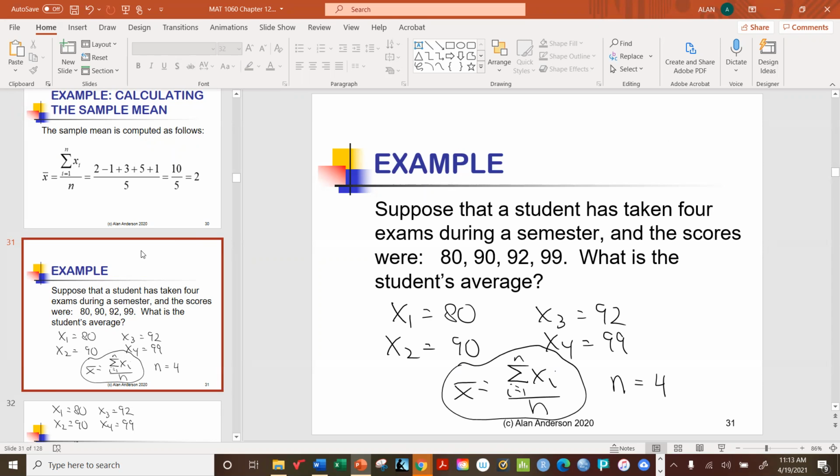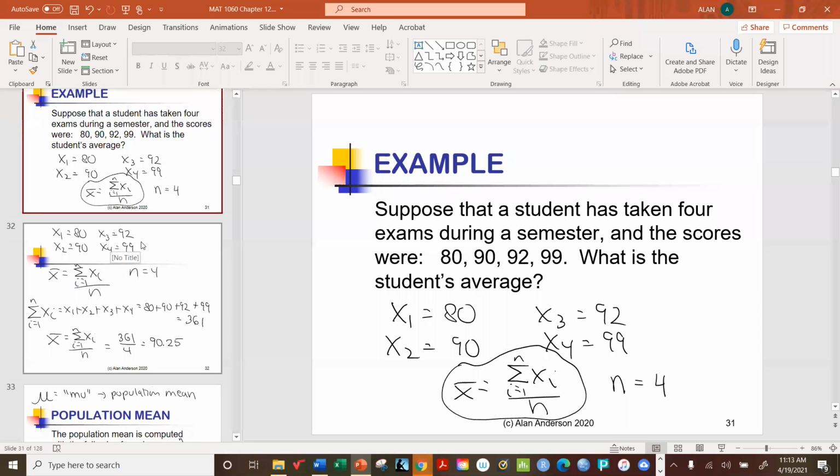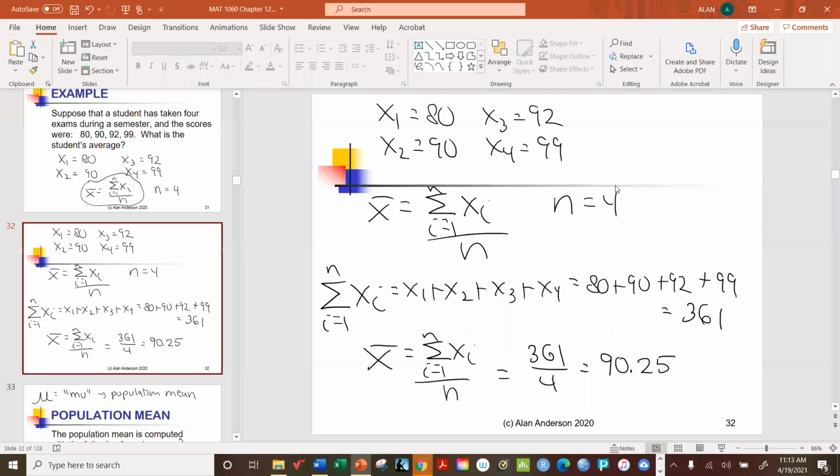All right, so how would that work? Let's find out. So I've written the data up again here just for reference. This is the formula. So the numerator means you add up the 4 elements, in this case, the 4 exams.